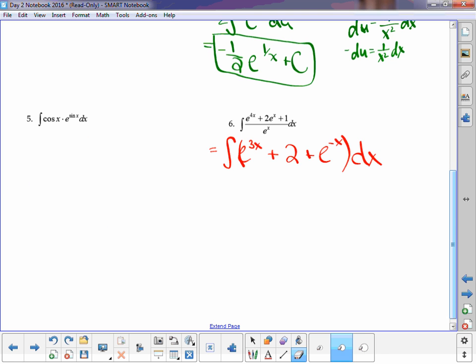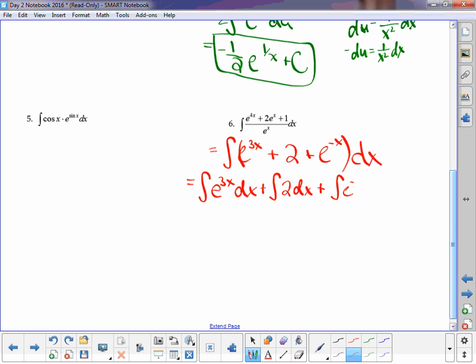Alright. So now, if we take a look at this, we can break that up into each individual piece. So the integral of e to the 3x dx plus the integral of 2 dx plus the integral of e to the negative x dx. We do this a lot just mentally. If we would have had the integral of x squared plus 4x minus 5, we integrate each piece, right?